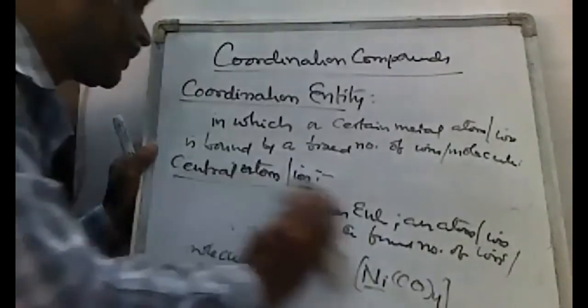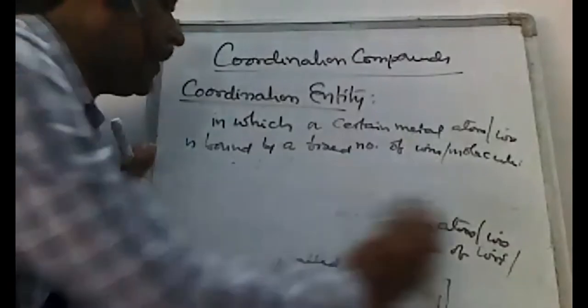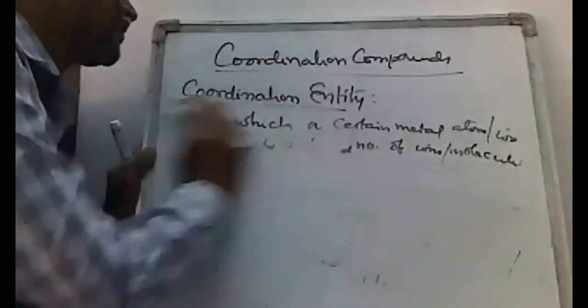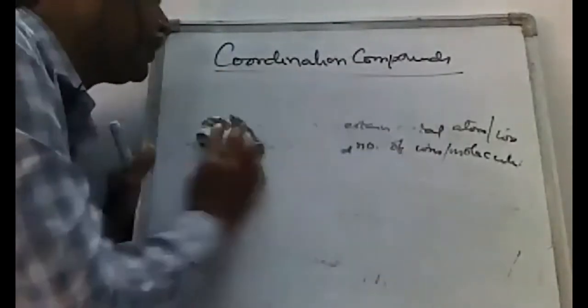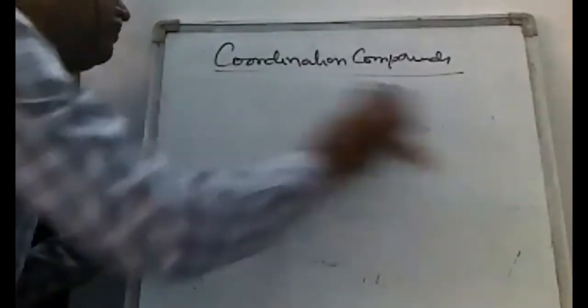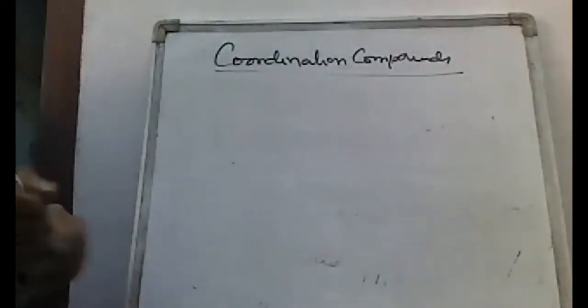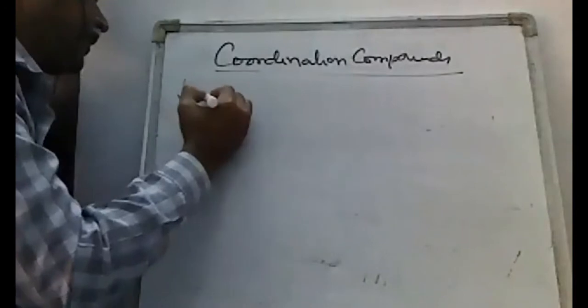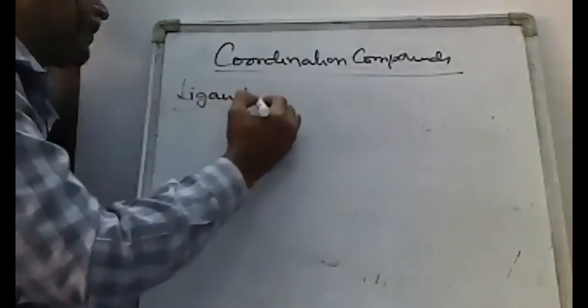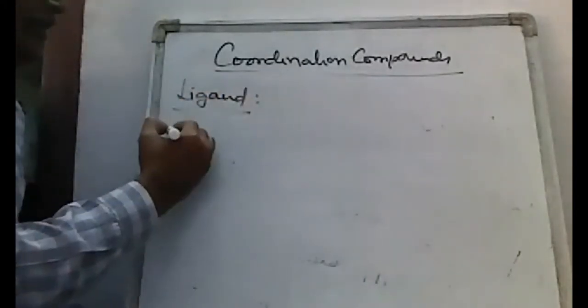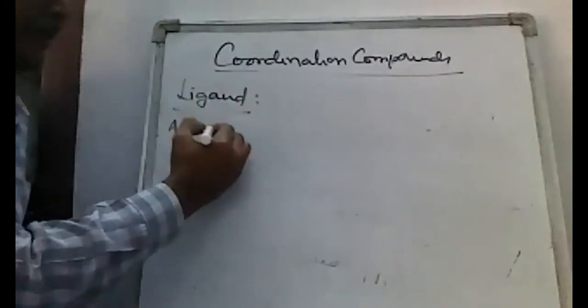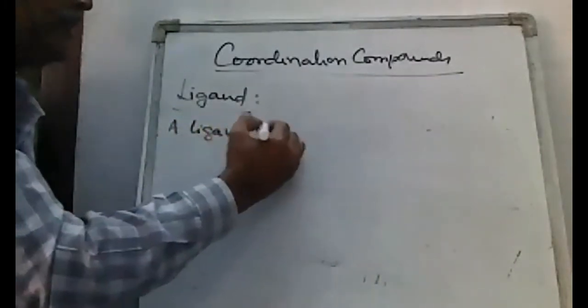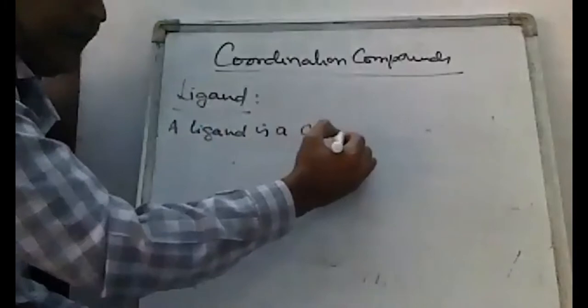And the third one, the most important one, is the ligand. What is a ligand? A ligand is a coordinating entity.